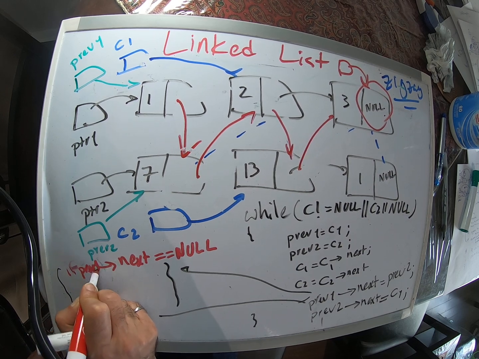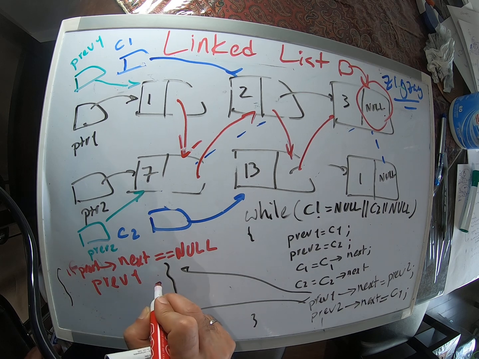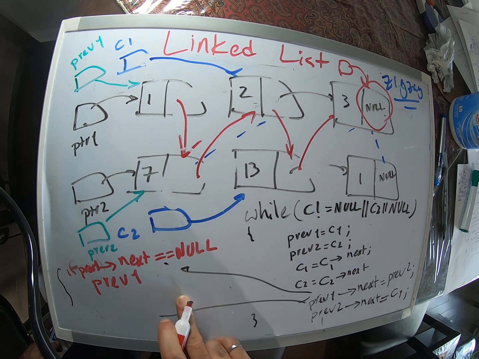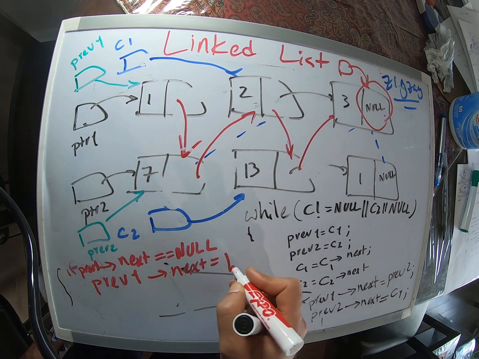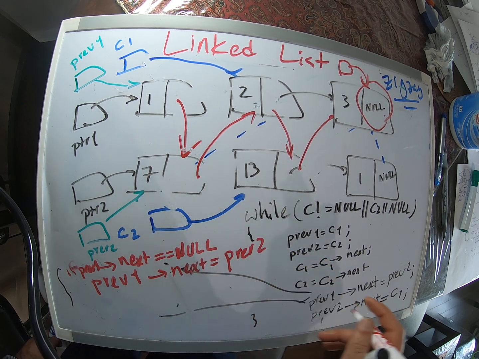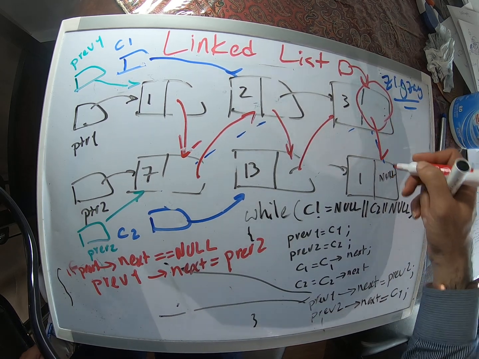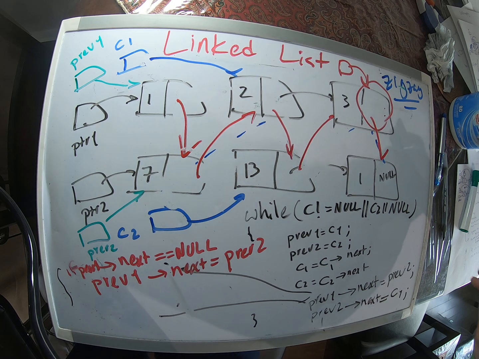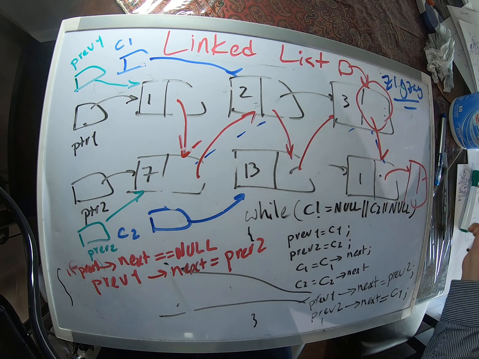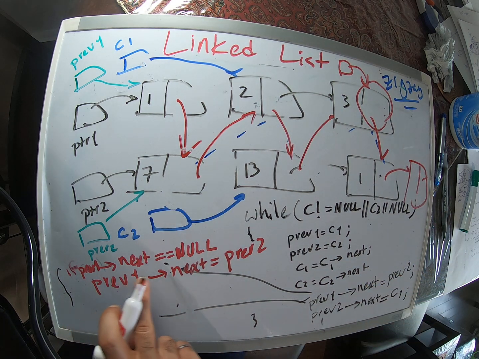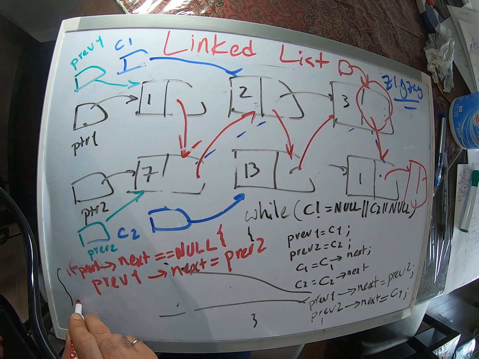If previous one arrow next is equal to null, previous one arrow next is equal to previous two. Basically the same thing that we did here. So we make this one point here and we are done, right? Because this might have other things here. So this is gonna continue. If that's the case, we are done. So we're just gonna say break.